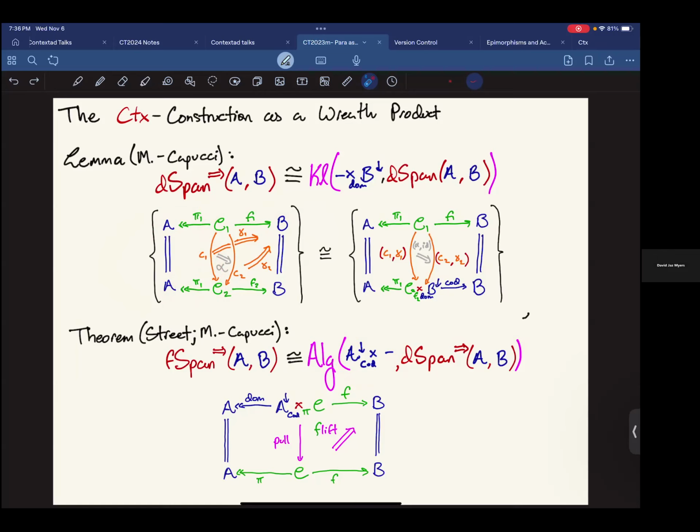And the way it works is that your pullback is the algebra structure, as you can see, but there's some other thing that goes with the pullback, which is the canonical lift. And so you need to put that somewhere.